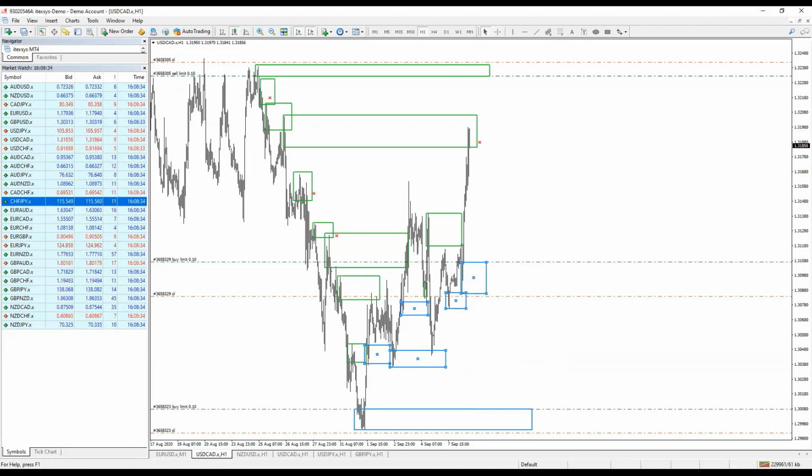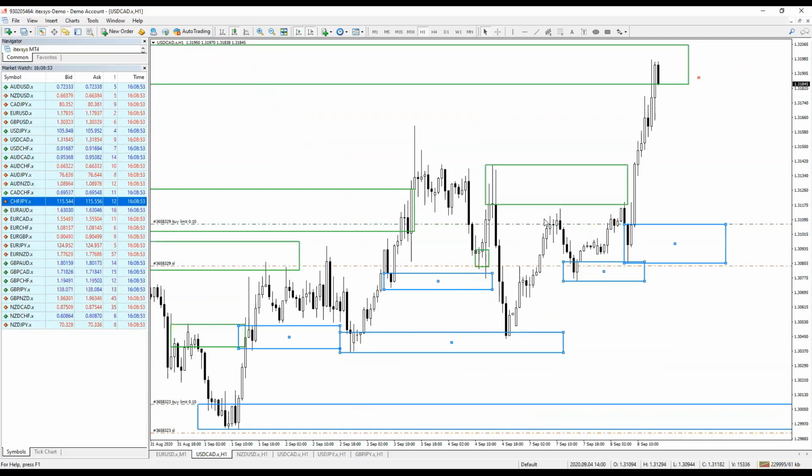Okay, thank you for the feedback, Coach. Another question: when marking the zone, why did you use the close of the red candle body? Like I said, it's about trying to make sense of the story that you see on the chart.